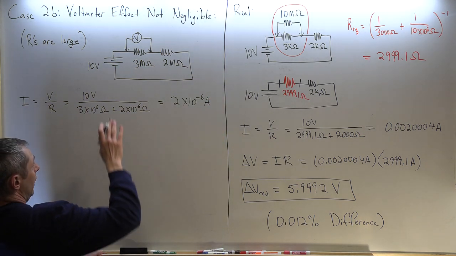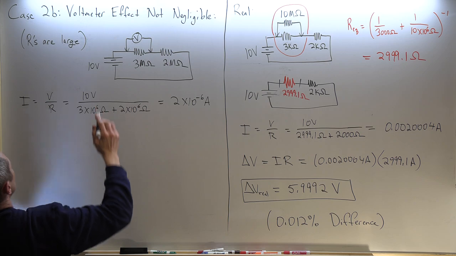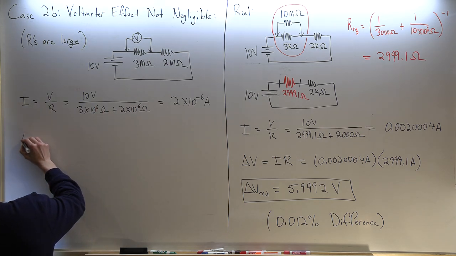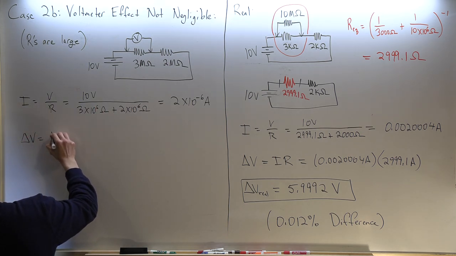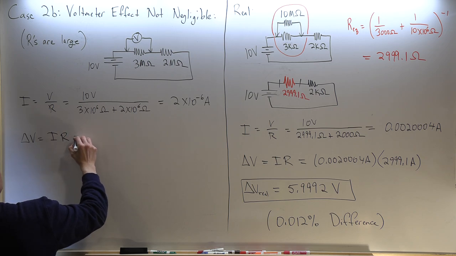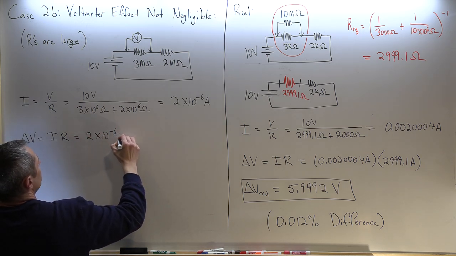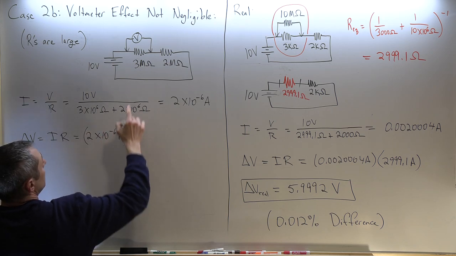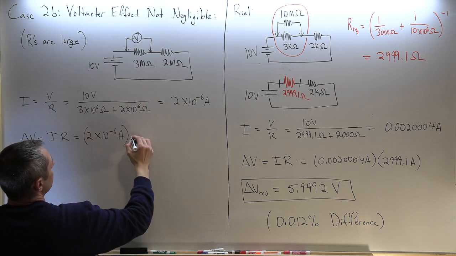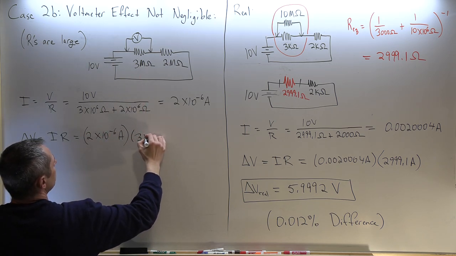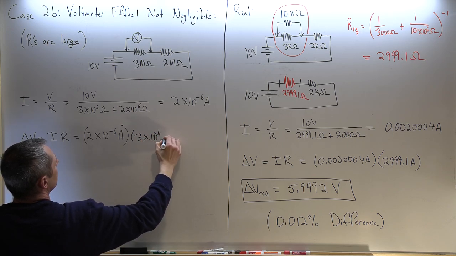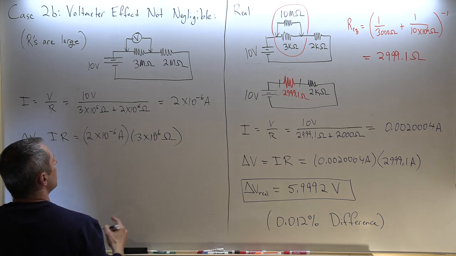So then, to find that voltage, now that we have the current in the circuit, we could just use Ohm's law again, V equals IR. That current, 2 times 10 to the minus 6 amps, times the resistor there, which is 3 million ohms.